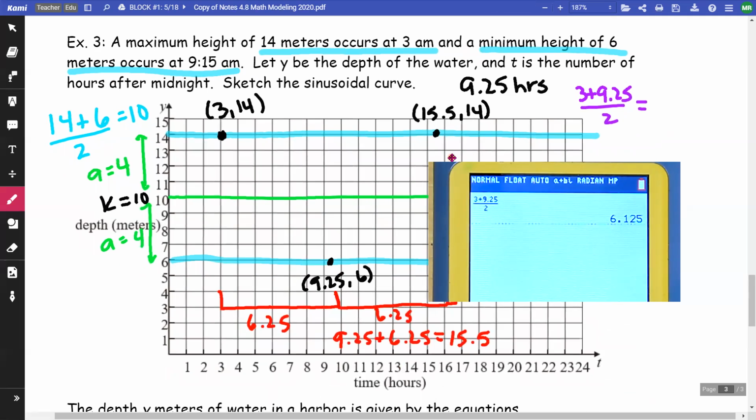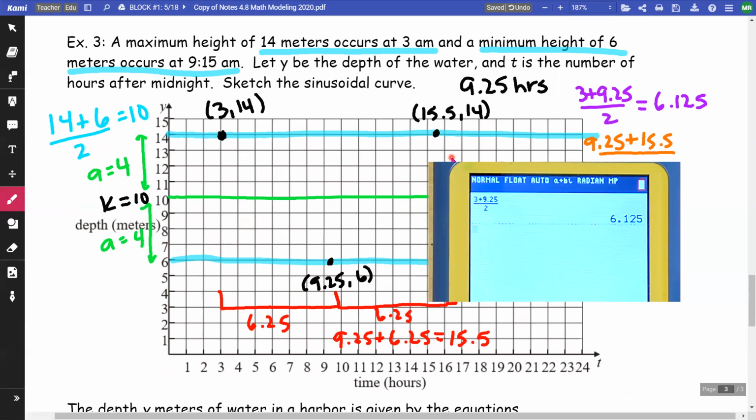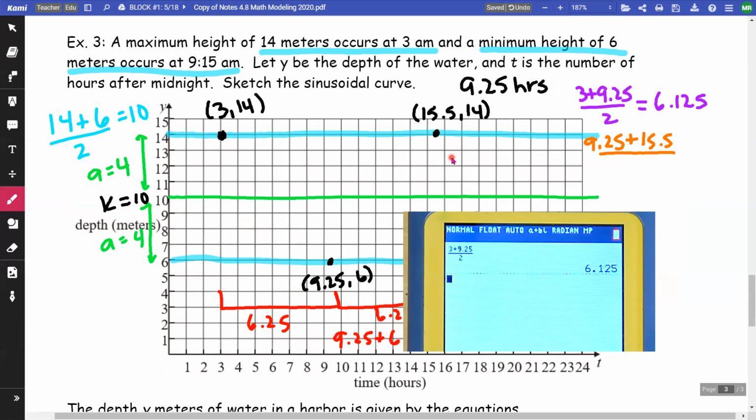Then I take 9.25 plus 15.5 divided by 2 to find the other side, and I end up with 12.375.